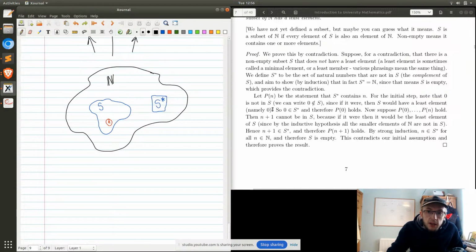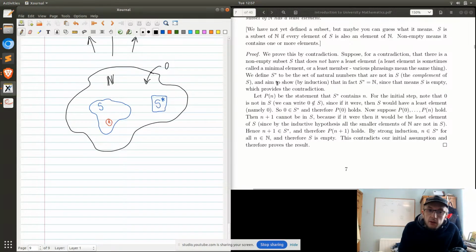So, of course, 0 cannot be in S. And therefore, 0 has to belong where? In here. 0 has to be in S star. Therefore, P of 0 holds.